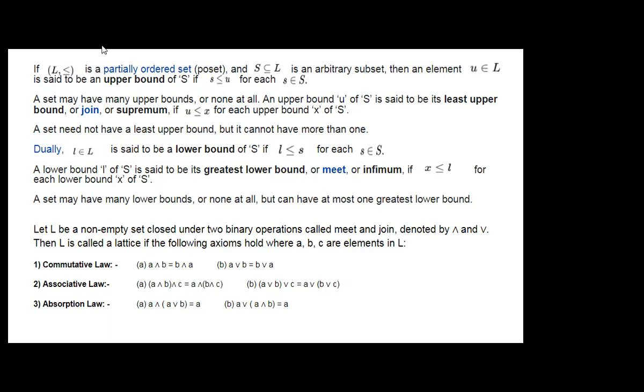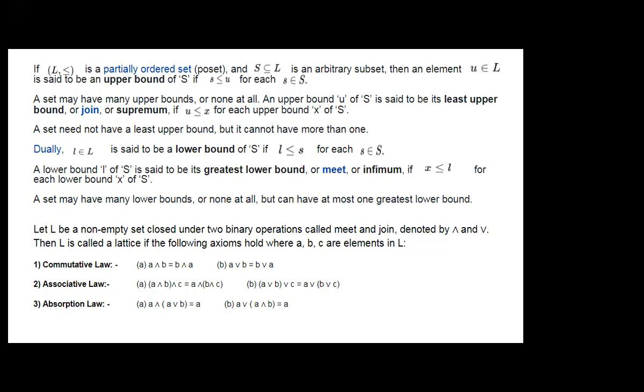Suppose like L star, B star, like that we give the operation notation. Here, this less than or equal to is denoting the operation.